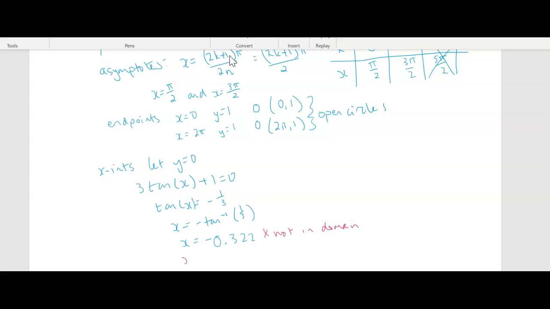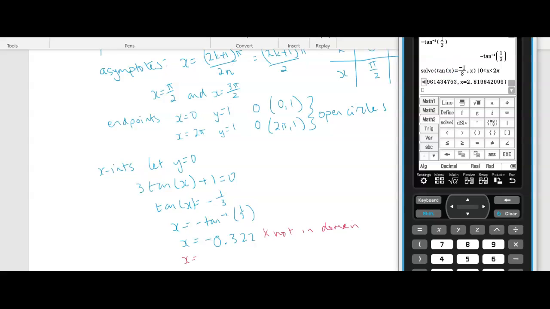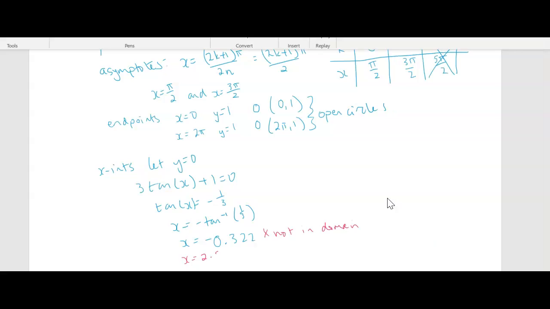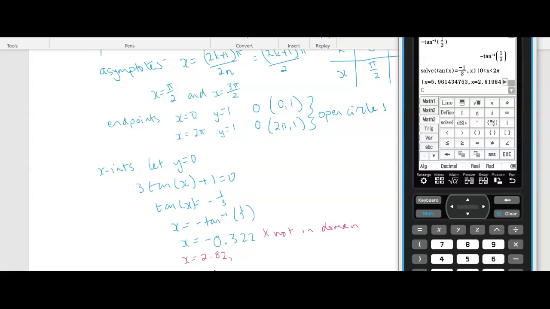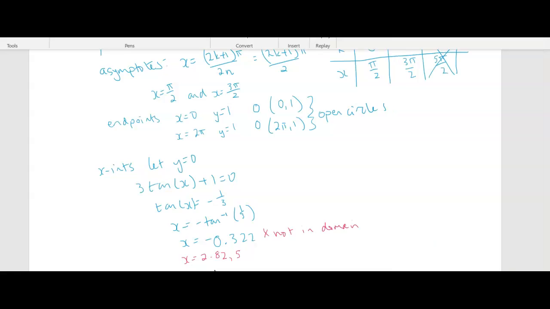All right, if I just write down the actual solutions we got, now why did it do the bigger one first? 2.82 and what have we got? 5.96.